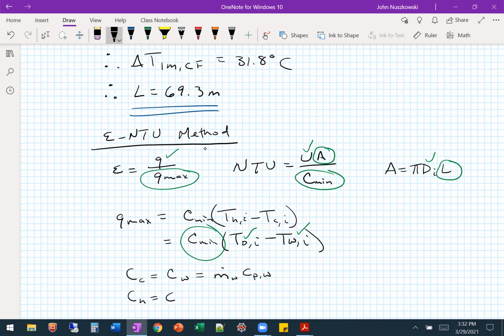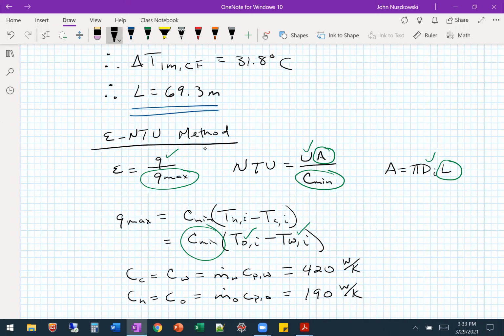Hot is just the oil in this case: mass flow rate of the oil times CP of the oil. The water ends up being 420 watts per Kelvin, and oil ends up being 190 watts per Kelvin.